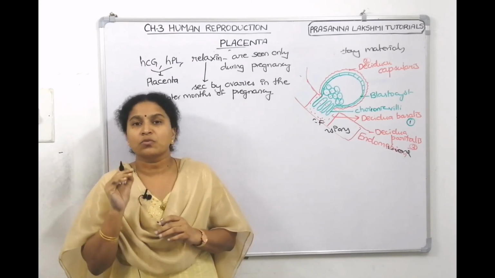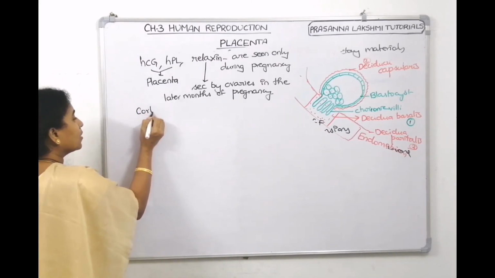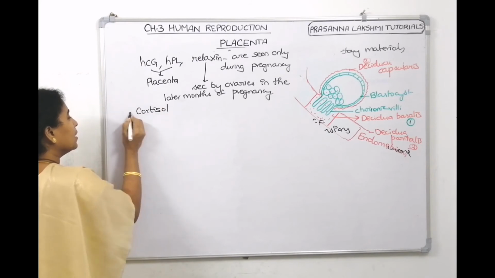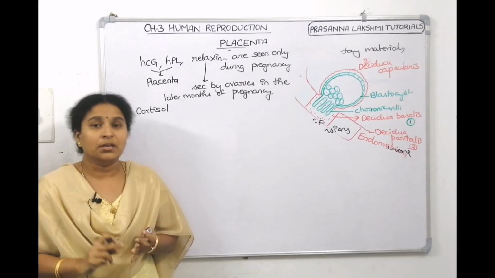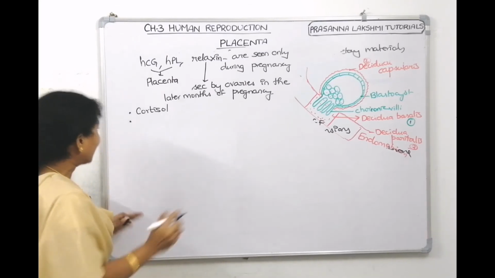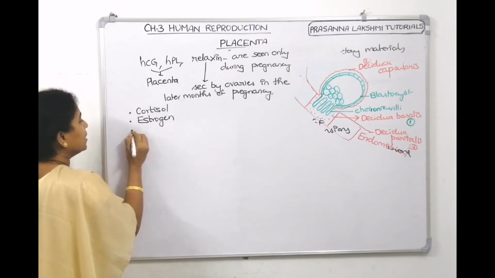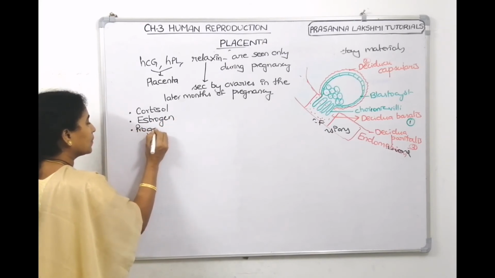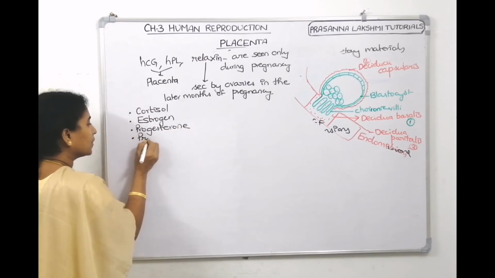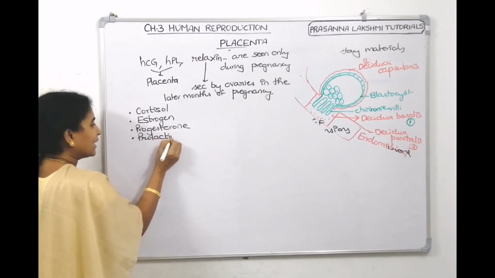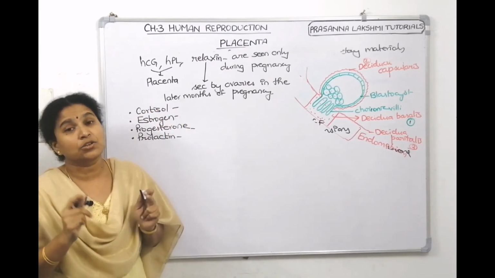What are the hormones which are increased during pregnancy? So one is cortisol, which gets increased during pregnancy. Other ones: estrogen, progesterone, prolactin. Estrogen will be increased. Progesterone will be increased. Prolactin. These are the hormones which are increased during pregnancy.